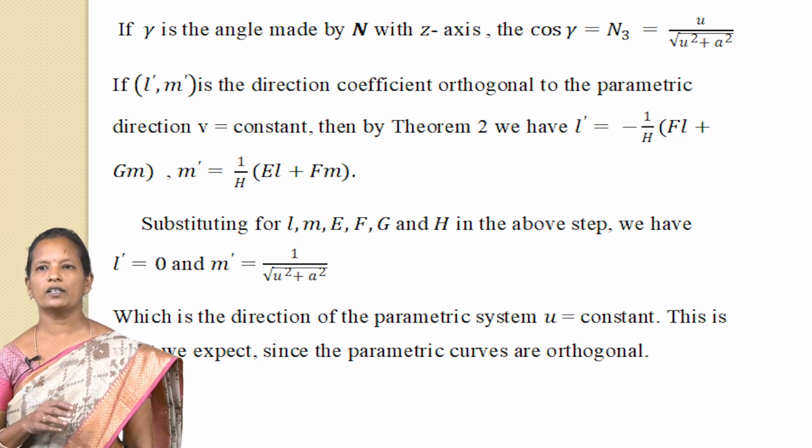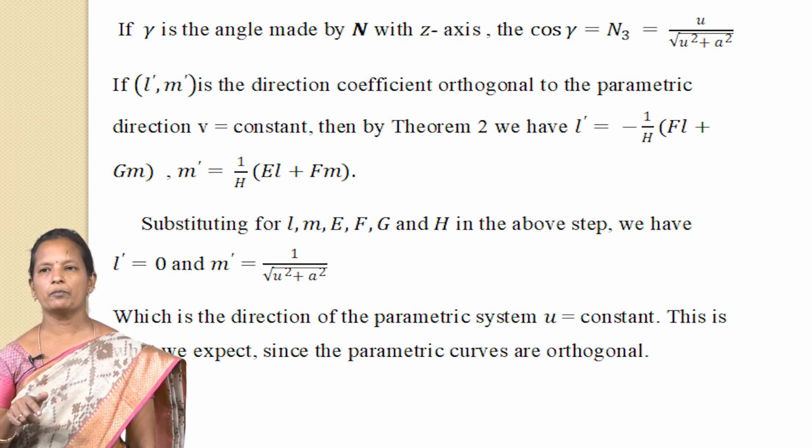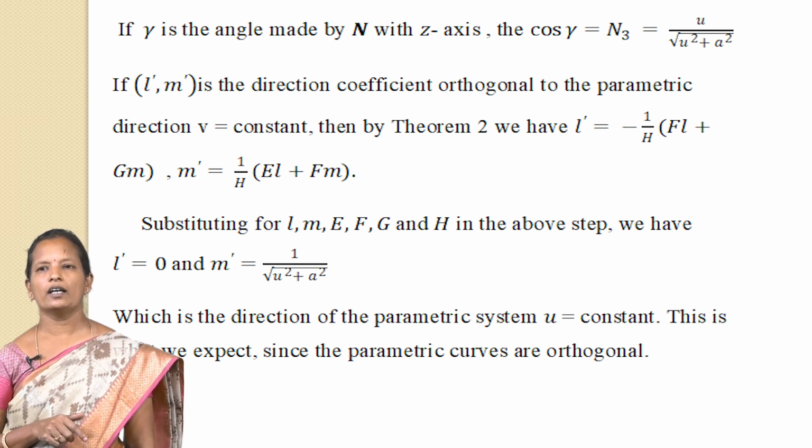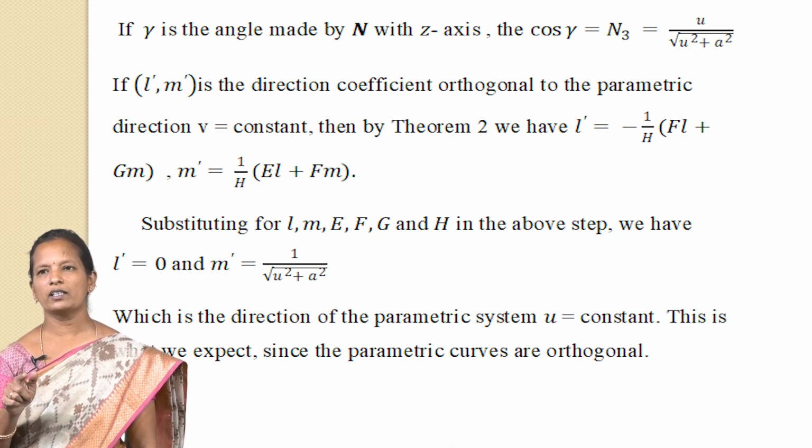Substituting the values of L, M, E, F, G and H in the previous steps, L dash is minus 1 by H into FL plus GM, and we get L dash equal to 0.